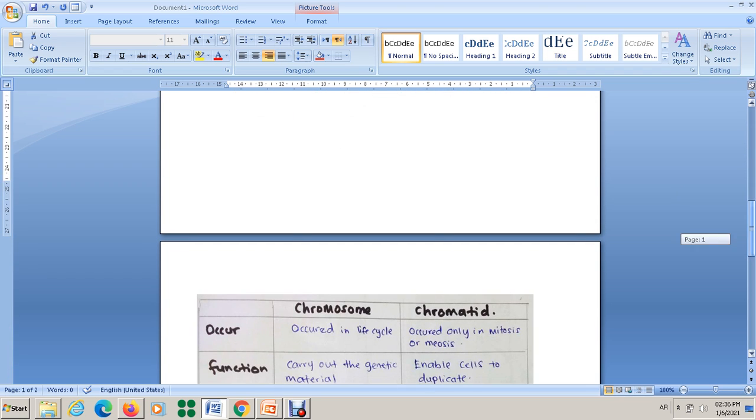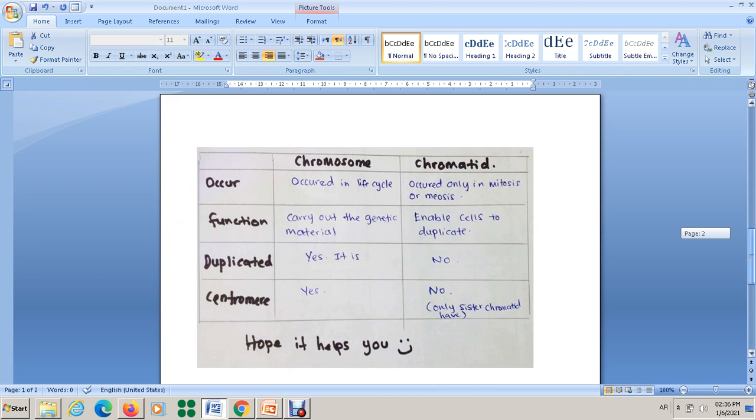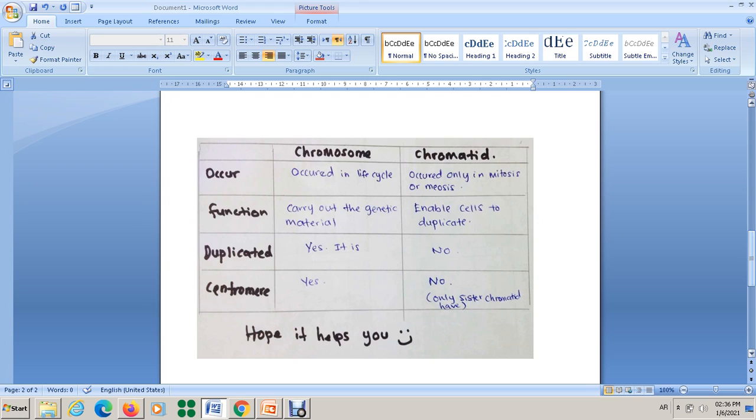I want you to look at this table here. Let's differentiate between chromosomes and chromatids, as they occur in the life cycle when cells start to divide. A chromatid occurs only in mitosis or meiosis. The chromosomes are actually there before, whether they are duplicated or not, as they are preparing.